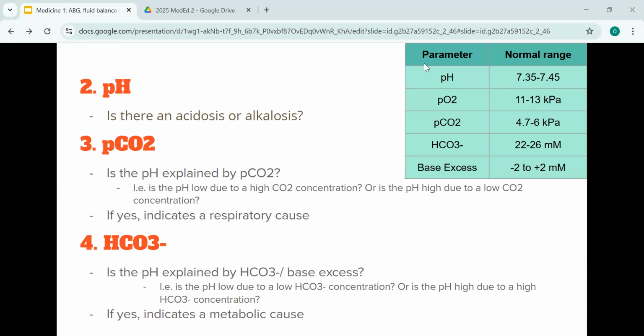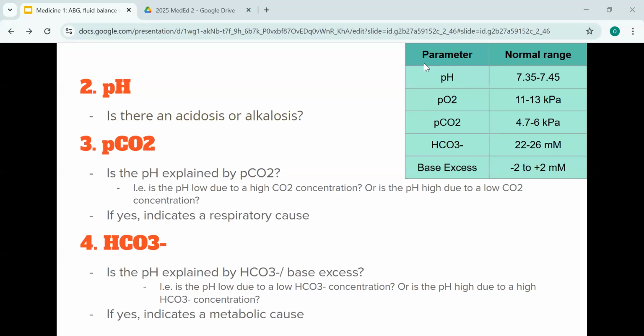Because carbon dioxide makes the blood acidic by breaking down into carbonic acid, a high carbon dioxide creates an acidosis, whereas a low carbon dioxide should create an alkalosis. As the impact of carbon dioxide on pH is regulated through gas exchange and ventilation at the lungs, the pH can be changed quite quickly, and it also indicates that there's a respiratory cause for the acid-base balance.